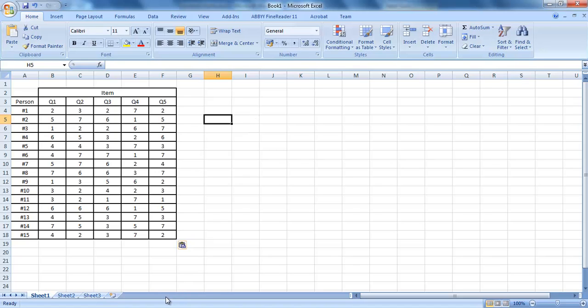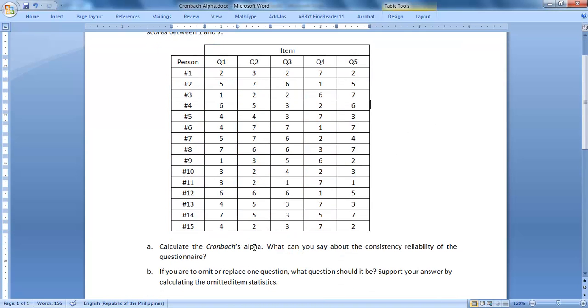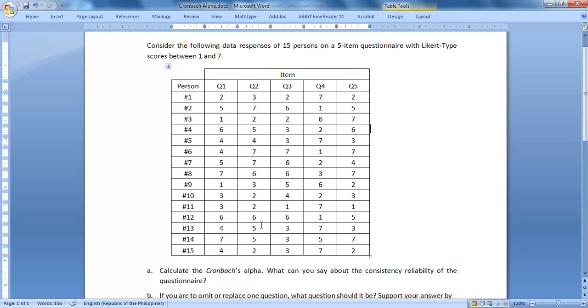Okay. So we are being asked to calculate the Cronbach's alpha or coefficient alpha of the instrument. So remember, we're calculating the coefficient of the instrument and not the coefficient of these responses, although you can say that we are basing our computations on these responses.